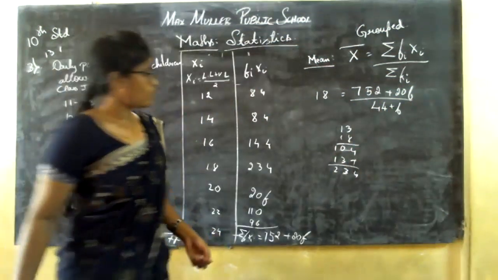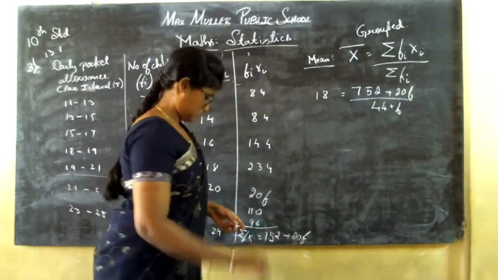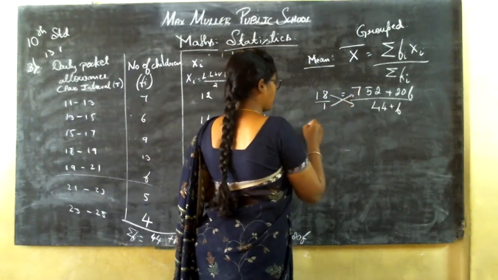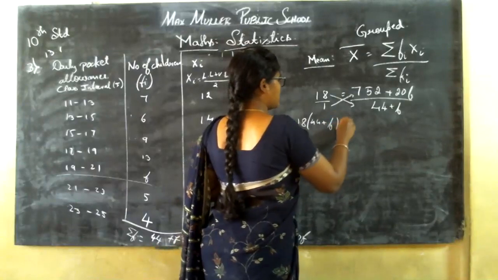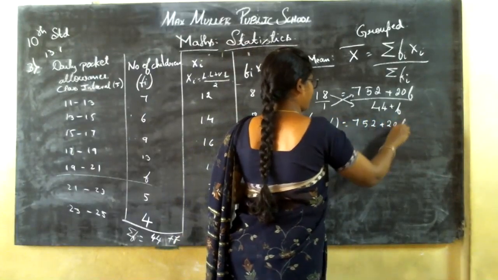Correct? Now, you have to cross multiply. Now, what happens? It is 18 into 44 plus f is equal to 752 plus 20f.